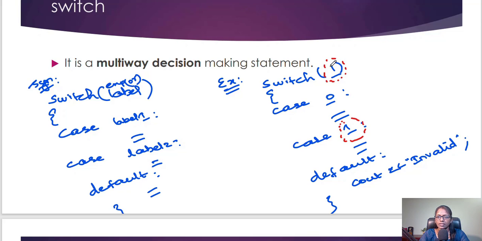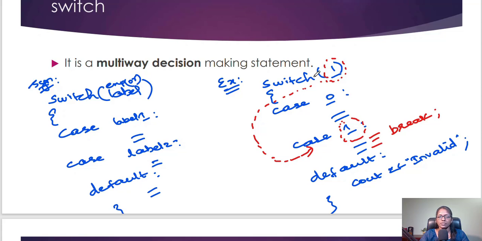So wherever this is matched, the control will be transferred to here. Then whatever statements you have given here will be executed. And then if you give a break statement, it will exit the switch. If you don't give the break statement, the subsequent cases will be executed.